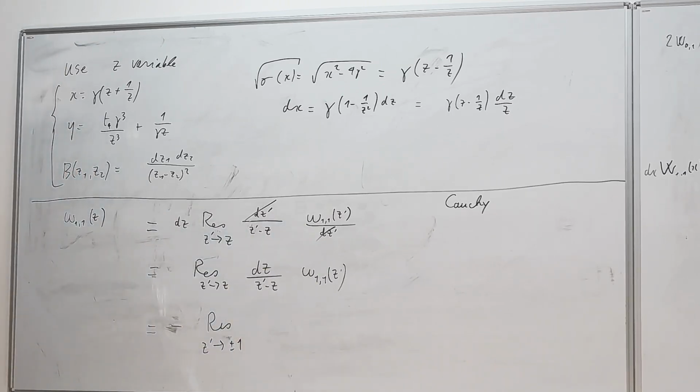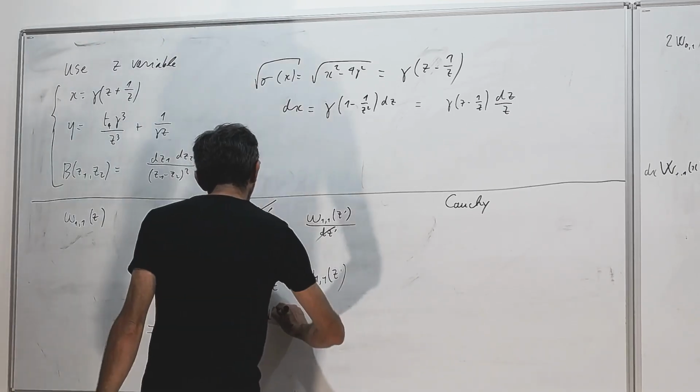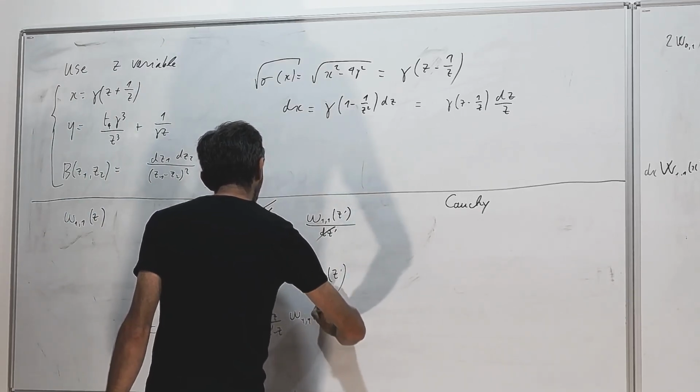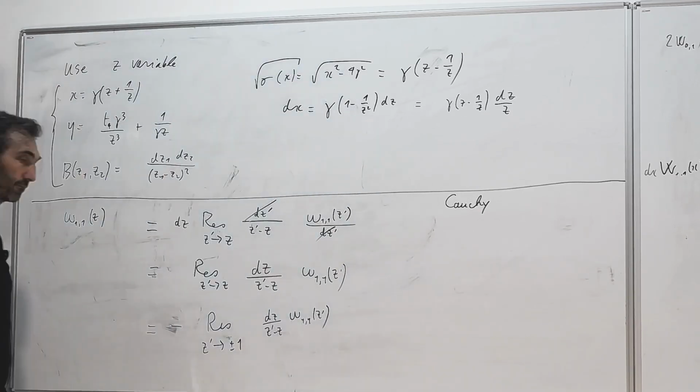There is no pole at 0. In fact, there is no other pole. So those are the only poles: dz over z prime minus z, omega 1 of z prime. Okay, so far so good. This was kind of trivial.